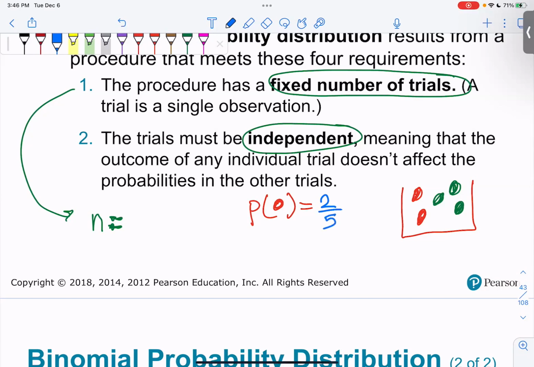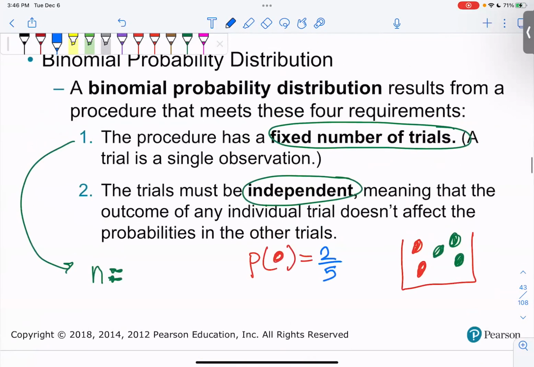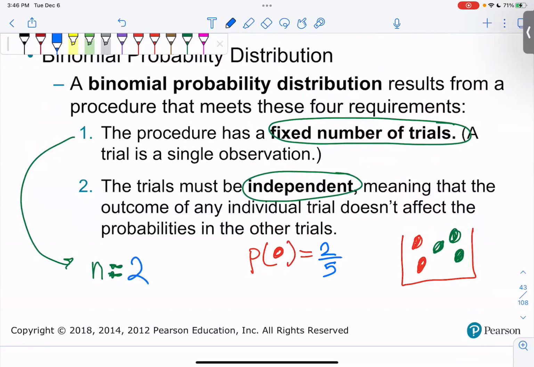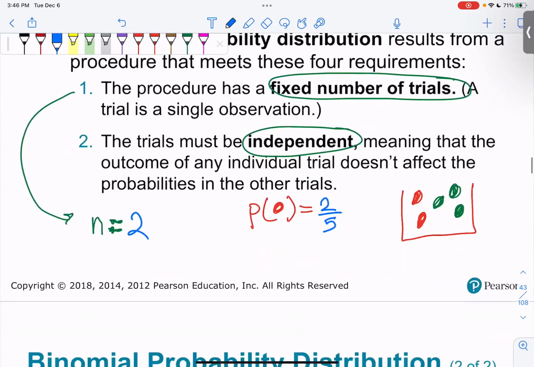So this is the first experiment. Now I want to do the second experiment. Imagine that n equals 2 here. What's the probability that I will get red? This depends on the first trial.